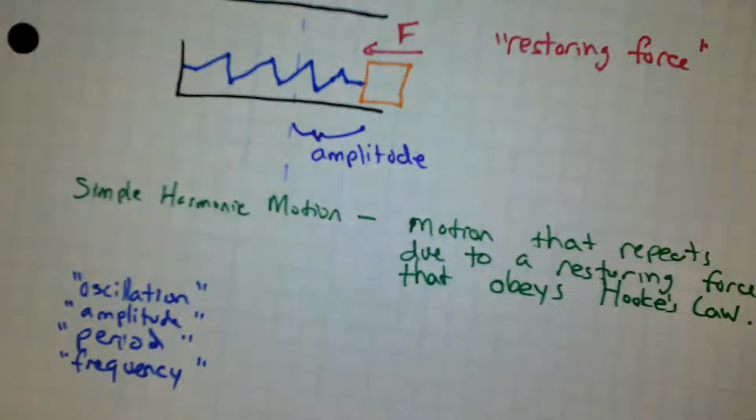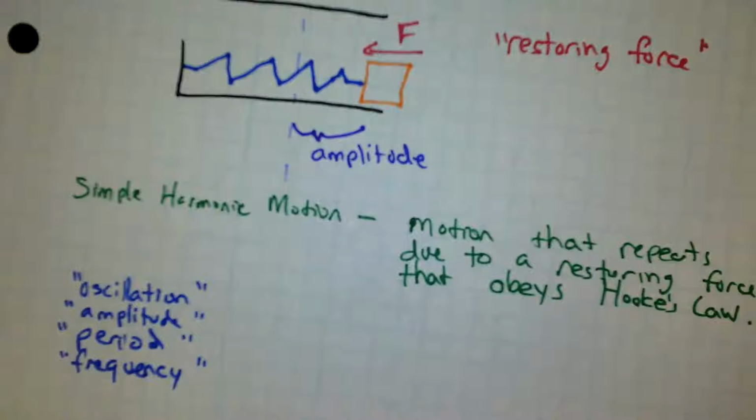All right. The other two, and these are the most important terms on here, period and frequency. Now, we talked about the period of motion when we talked about circular motion. You might remember what the period meant in terms of circular motion. Yeah, it's the whole circle, the time it takes to go the whole circle.